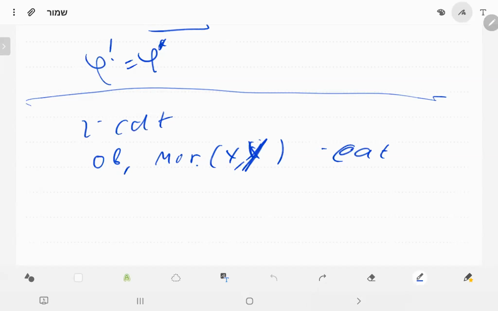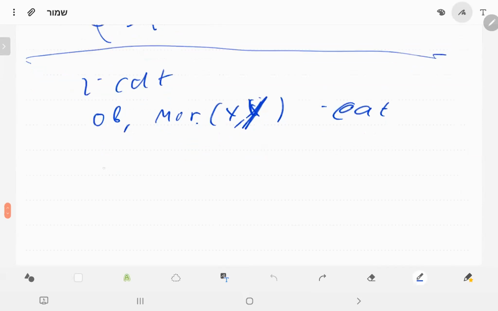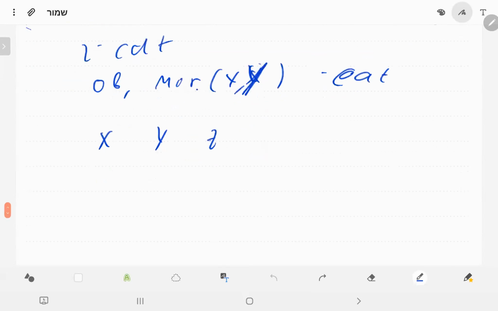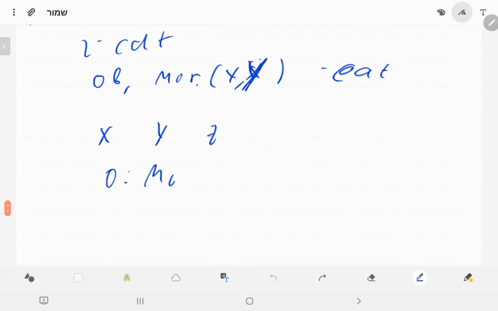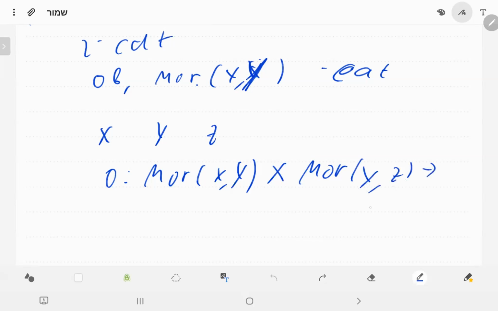But now we want to talk about composition. Okay, it looks easy. We have x to y, y to z, and then we have the composition Mor(x,y) times Mor(y,z) to Mor(x,z).